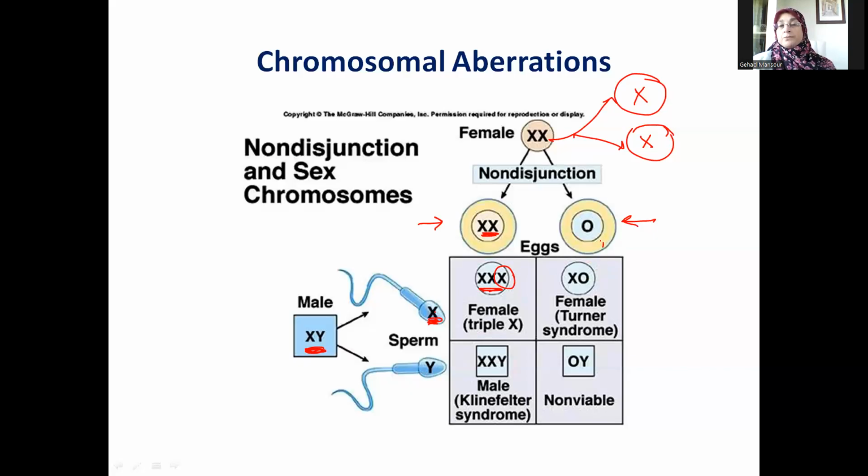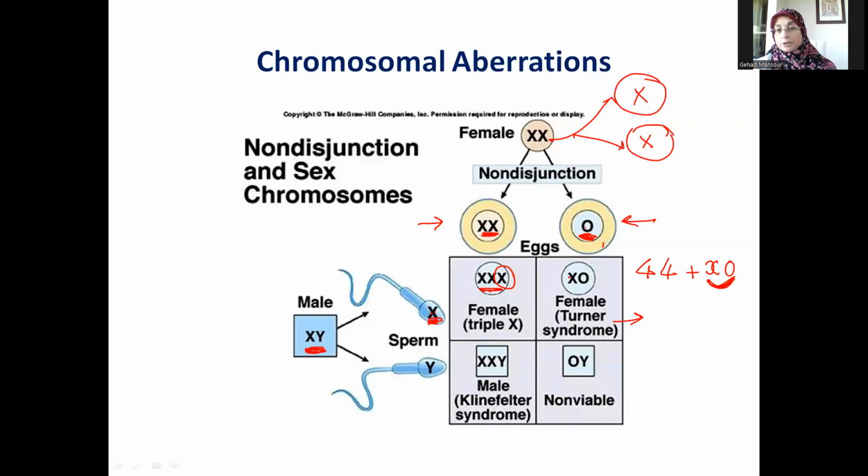On the other hand, if the gamete that contains no X chromosome is fertilized by that X sperm, you would have an XO female, meaning that she has as usual 44 autosomes plus XO sex chromosomal structure, and we call this Turner syndrome. It is a female, but an infertile female with a different body stature because she has one X chromosome less.